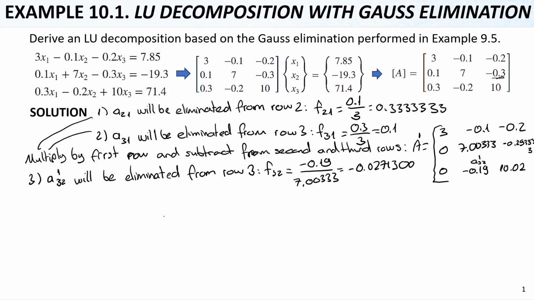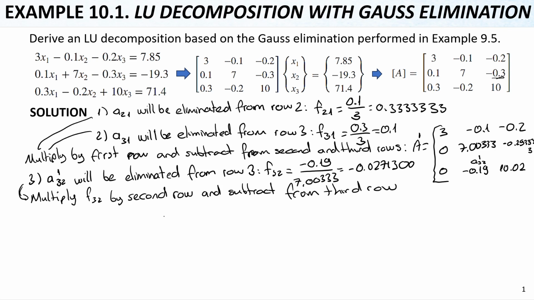So let's write here, multiply F32 by the second row and subtract from the third row. Eventually, we will have the U matrix. When we do these 3 steps, we will have the U matrix.